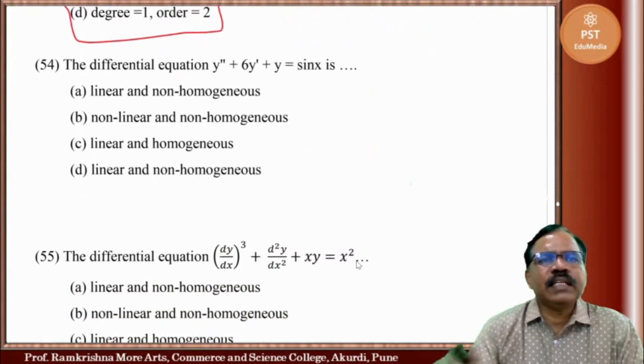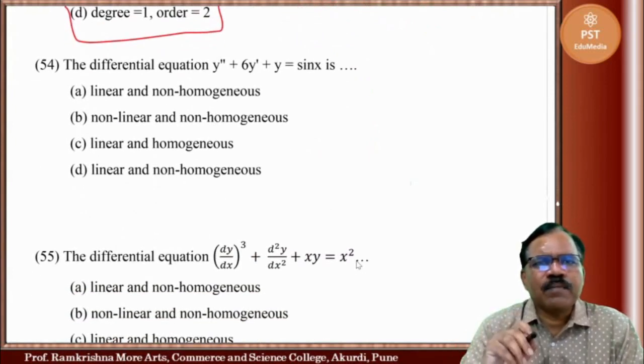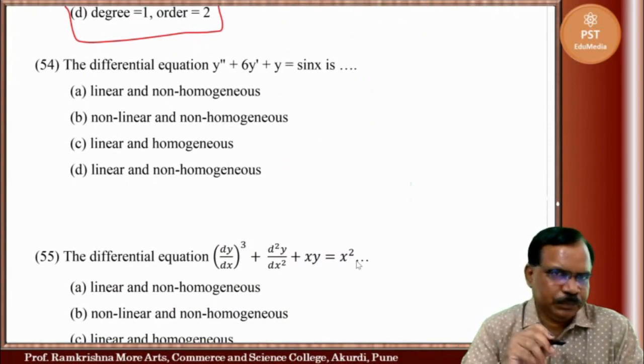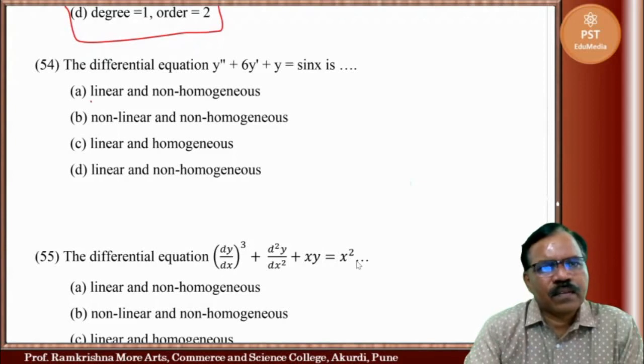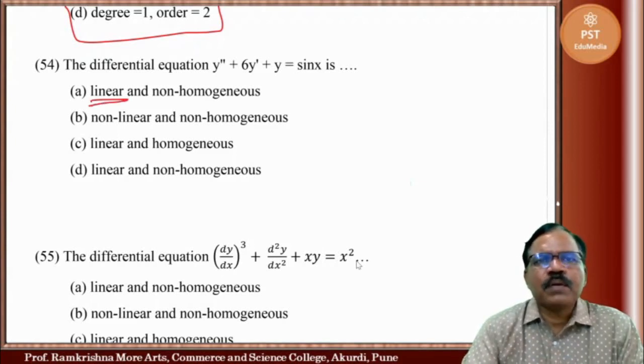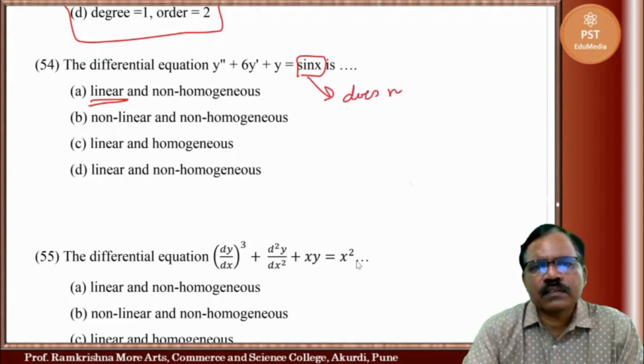The differential equation y double dash plus 6y dash plus y is equal to sin x. Now this is linear. But it is non-homogeneous because this term does not contain y or its derivative.